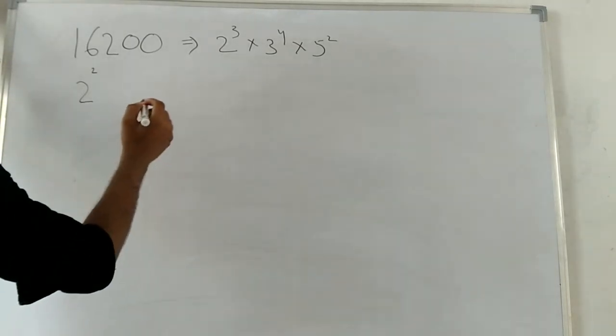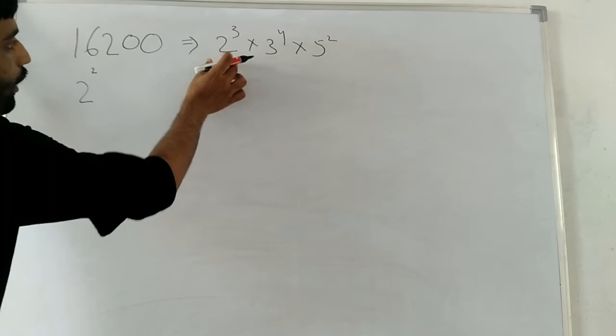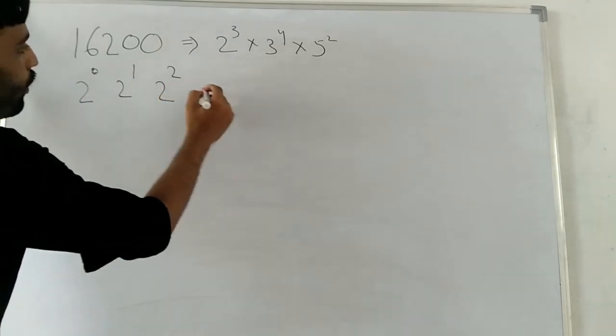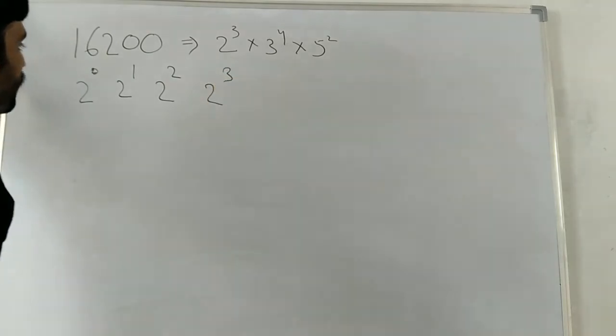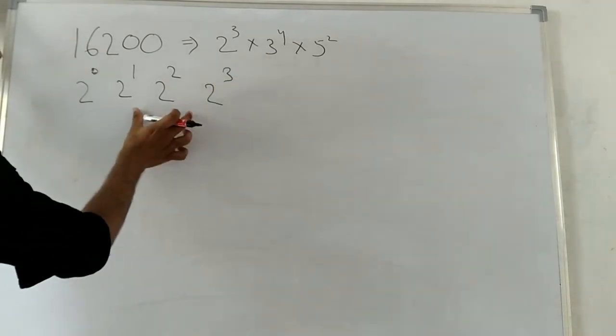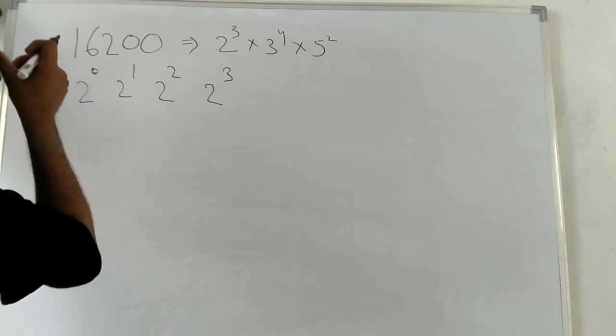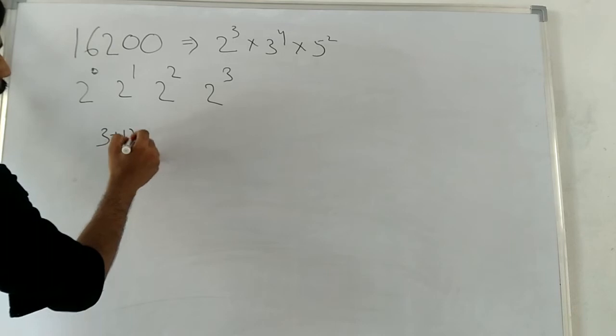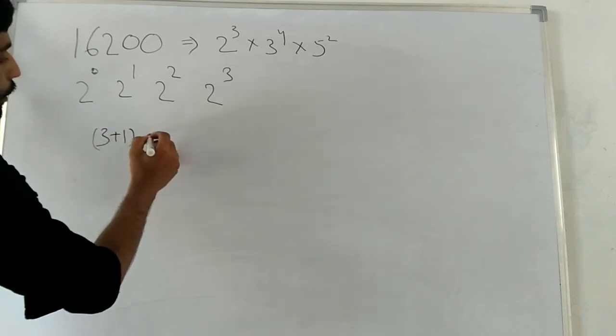So we can have 2 to power 0, 2 to power 1, 2 to power 2, 2 to power 3. All are divisors. So we have 4 divisors due to 2 to power 3. It means we have 3 plus 1 divisors due to 2 to power 3.